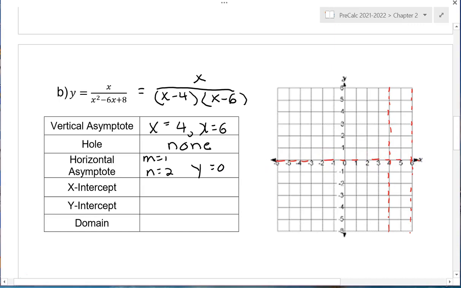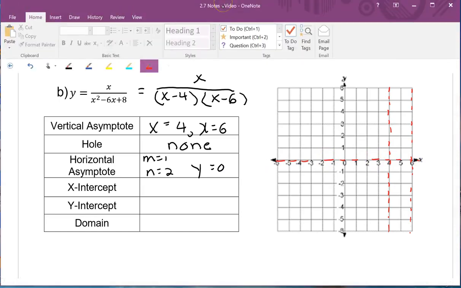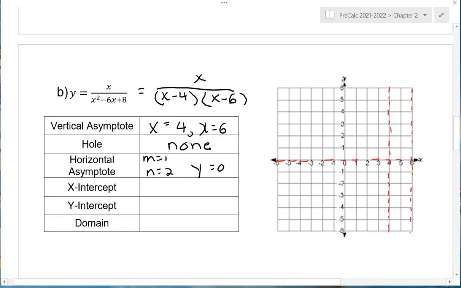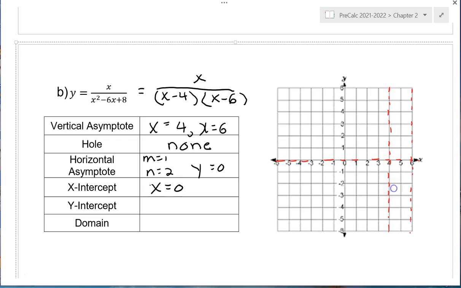X-intercept, so that's where your numerator equals 0. My numerator is just x. So check that out. I have an x-intercept right on an asymptote. So right there. And then y-intercept. We're going to plug in 0 for y.